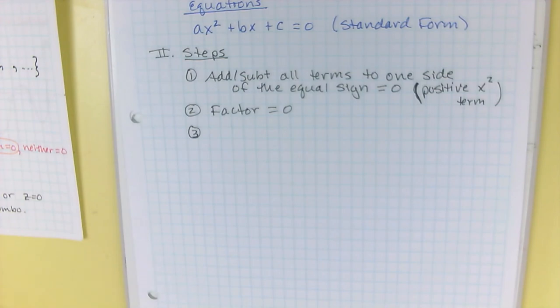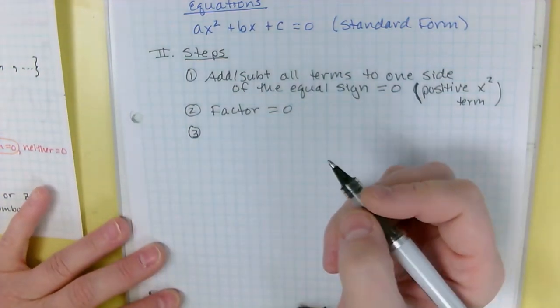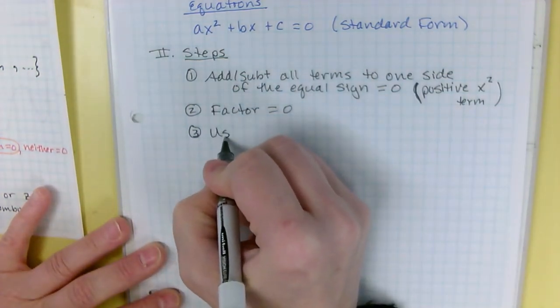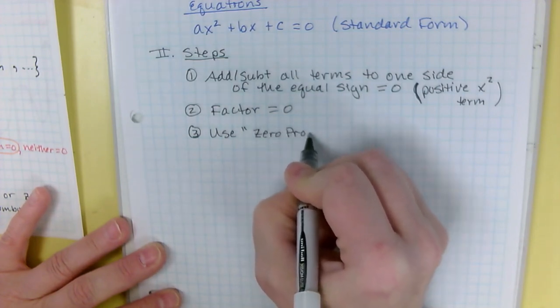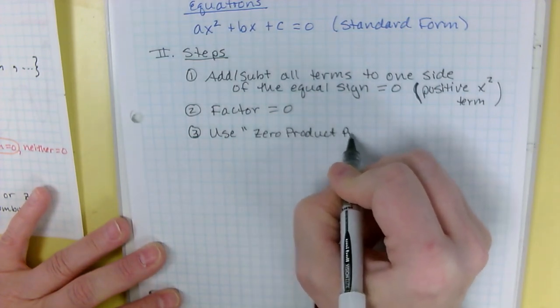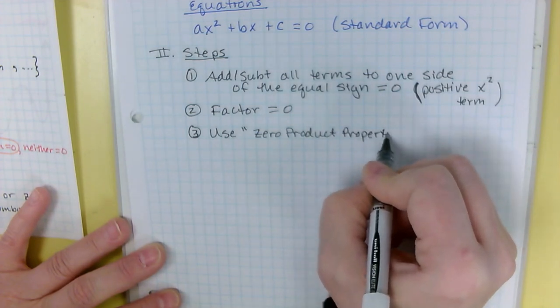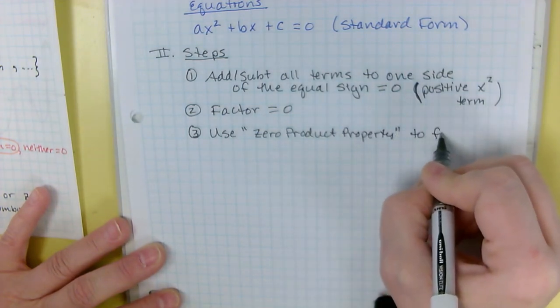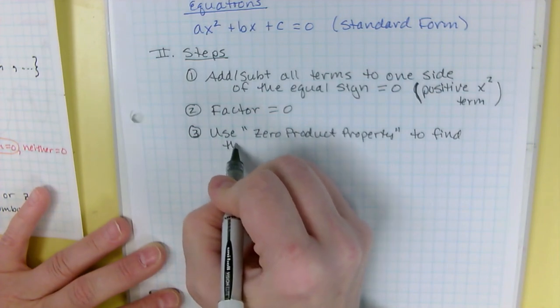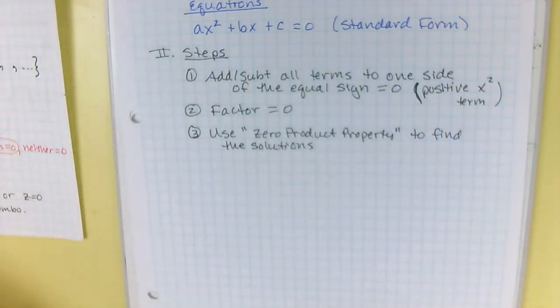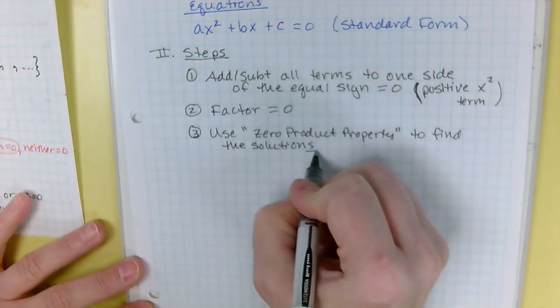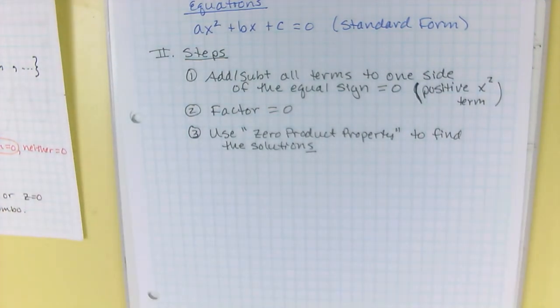Okay, step 3. You're going to use what's called the zero product property to find the solutions. And important is that because you have more than one x, you are going to be finding multiple solutions.